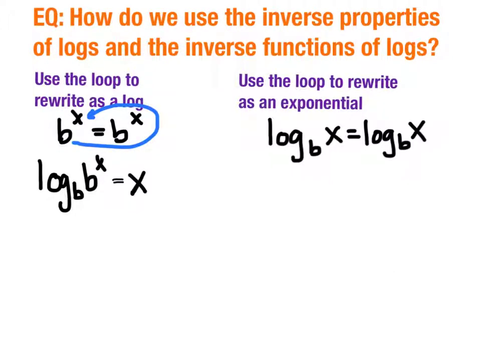Okay, I just made things a little wider. Let's rewrite this one over here. Here's my base of the log, so I'm going to start with that in my loop. Go around the equal sign, end up over here. Okay, now, it started as a log. What should it end as? An exponential. So what's the base of the exponential?